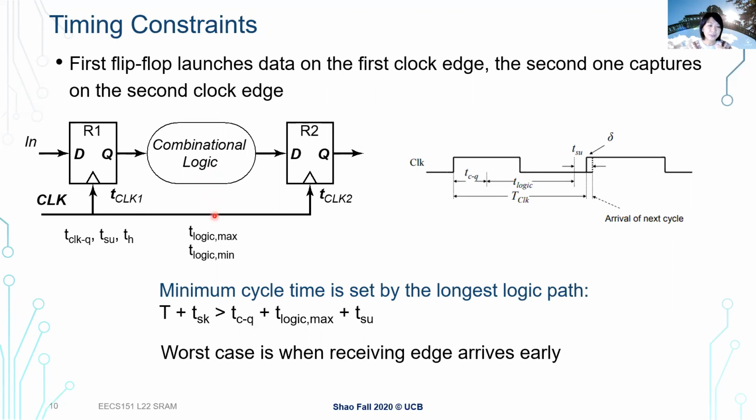Now, whenever you see two different registers here, you always need to ask whether those clock signals are showing up at the same time or at a different time. Basically, whether there is clock skew between this pair of flip-flops in our circuit.